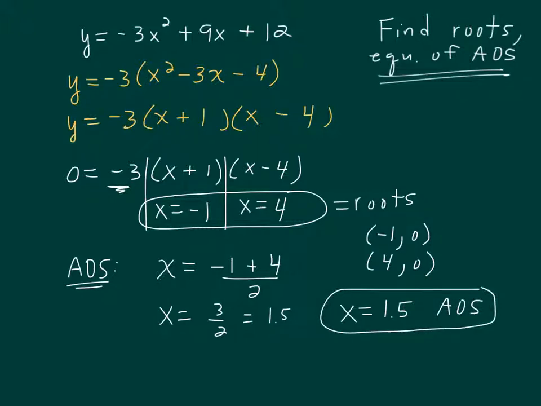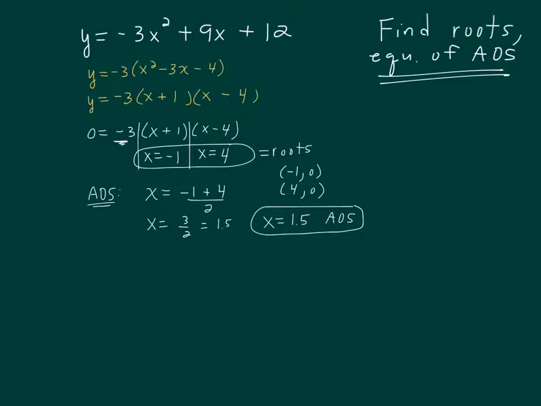Now, if you want to compare it to x equals negative b over 2a, let's do that just to confirm we get the same thing. So using x equals negative b over 2a, we would have to go back up here and pick out our a and our b value. So negative b would become negative 9 all over 2 times our a.